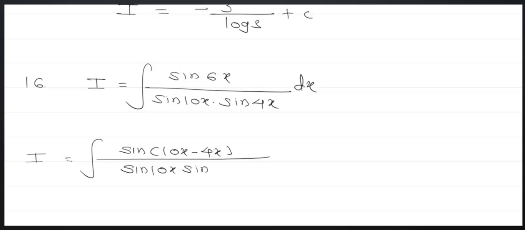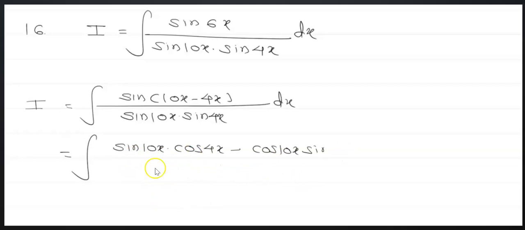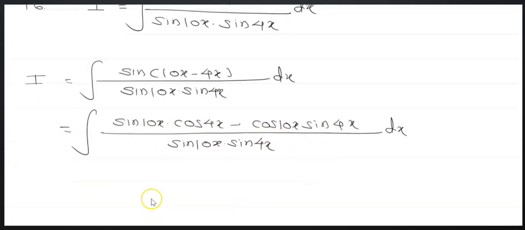Now sin of 6x can be written as sin of 10x minus 4x. Now here is sin of a minus b, whose formula is sin a cos b minus cos a sin b. That is sin of 10x into cos of 4x minus cos of 10x into sin of 4x, upon sin of 10x into sin of 4x dx.